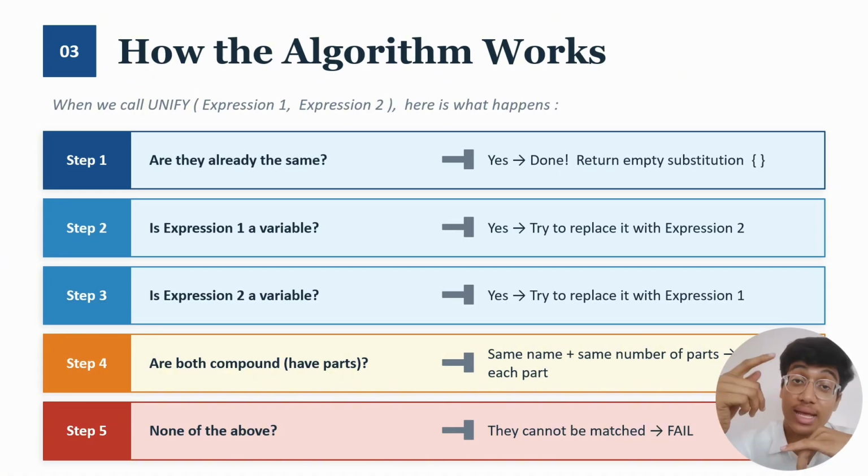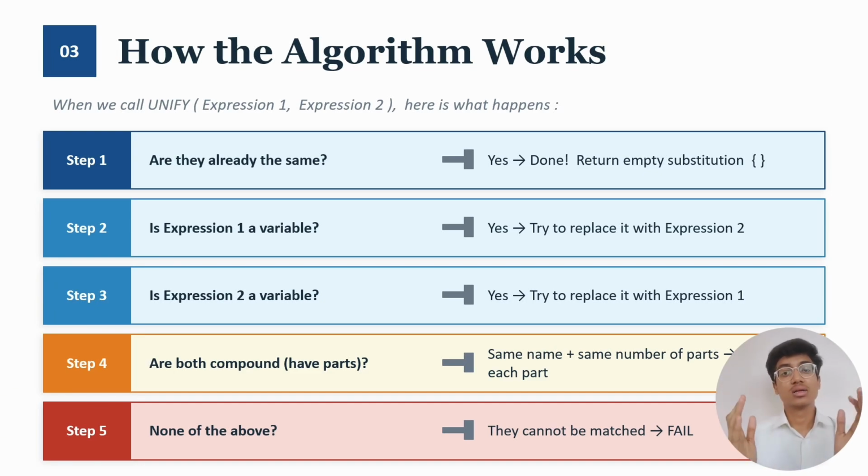The computer must understand that x equals John, and that John likes pizza. This whole process we call unification. So unification helps the computer find the answer.